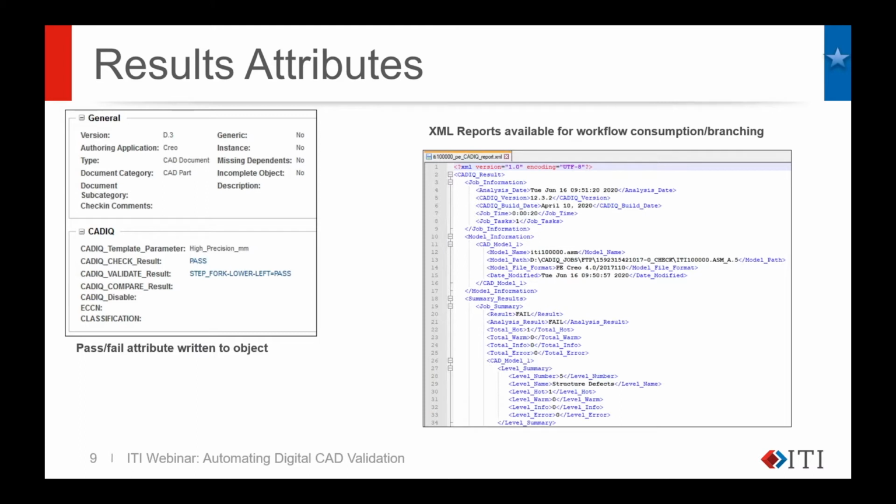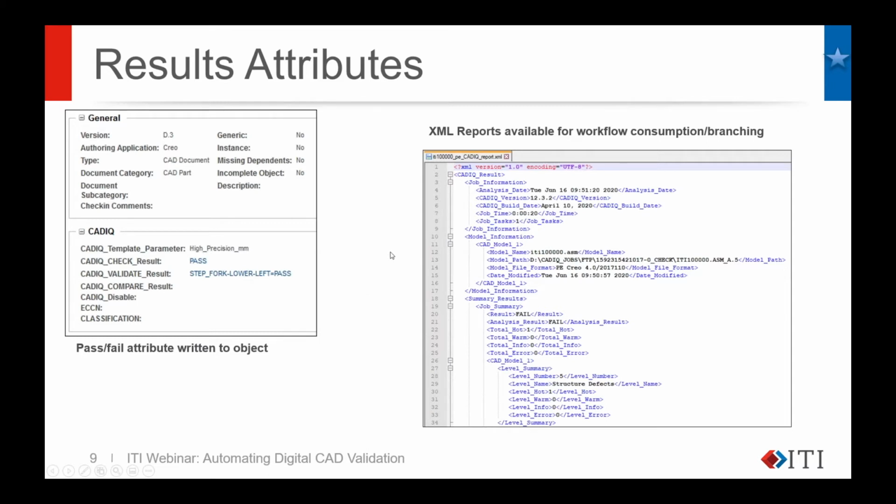You can find a variety of elements on the severity of issues and pass-fail type status. And that information can be written back everywhere from just exposing pass-fail type highlight information as metadata back into PLM, or it can be used for branching and things of that nature.